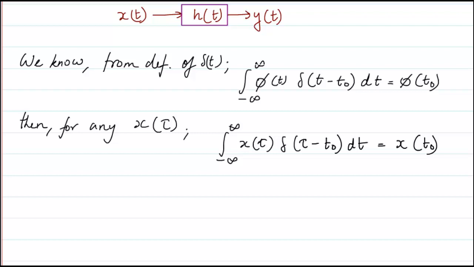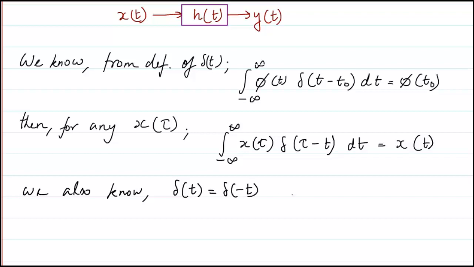Now instead of t naught, if I write only t, that is also okay. We also know that delta of t is the same as delta of minus t.